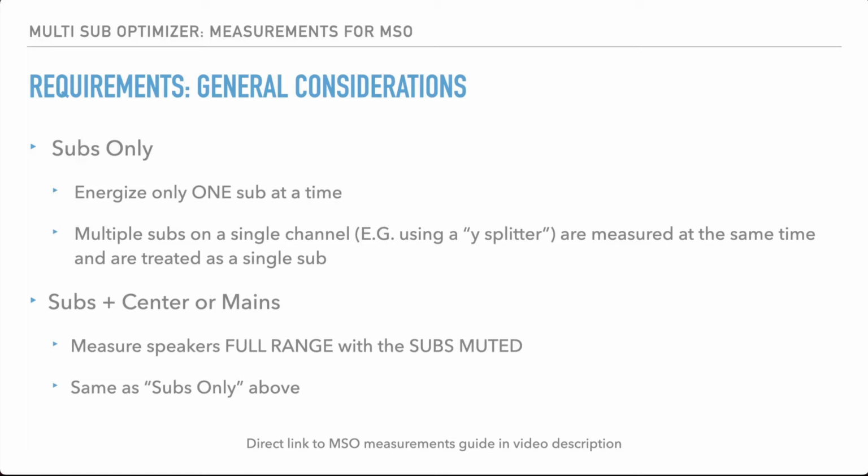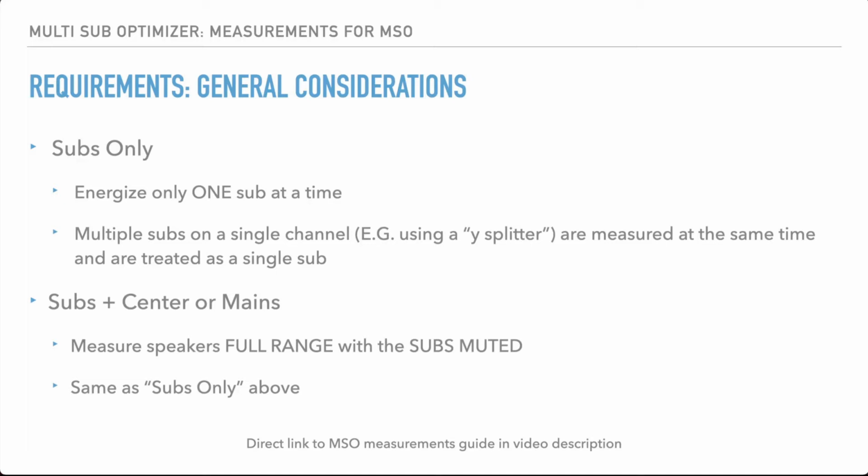There are some general considerations as well. There are two different types of measurements, two different types of work that we can do with subs. If we're doing subs only, we're going to energize only one sub at a time. It's important to note that if you have any subs on a Y splitter, which is common for folks that have a single sub out on an AVR, or maybe you have more subs than sub outs and you've got a pair of them that are co-located or very equidistant running off a Y splitter, those are going to be measured at the same time and treated as a single sub from an MSO perspective.